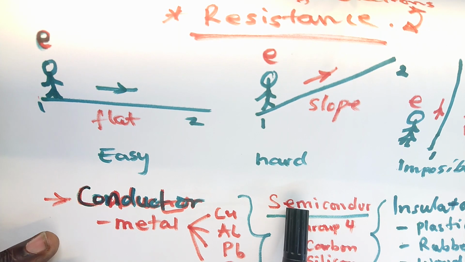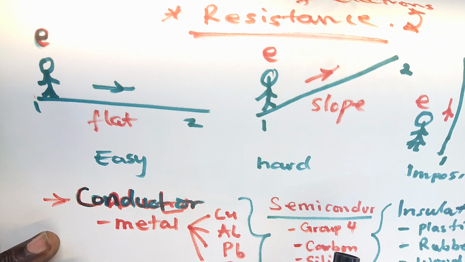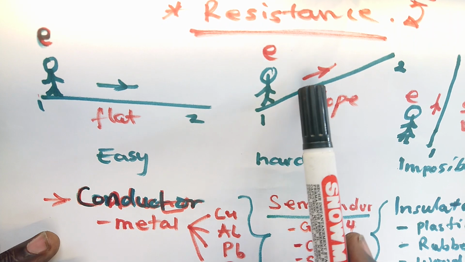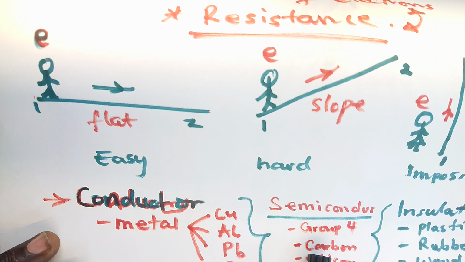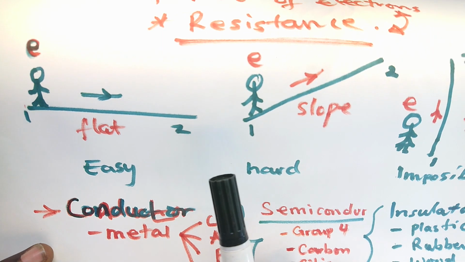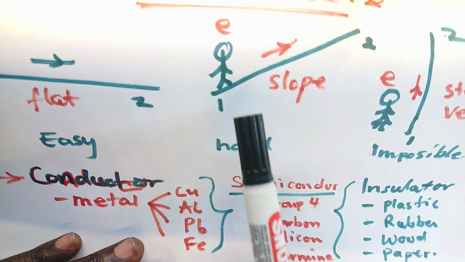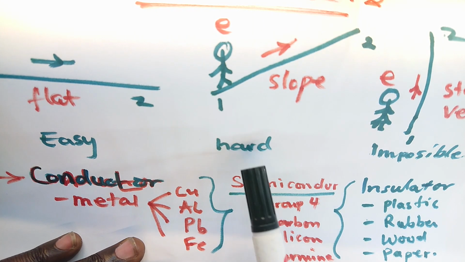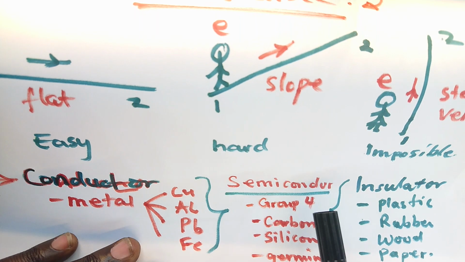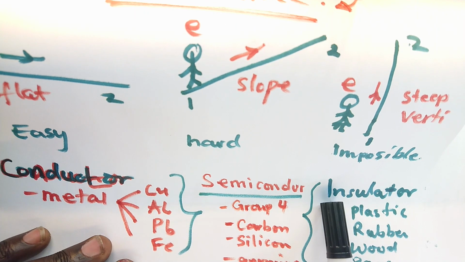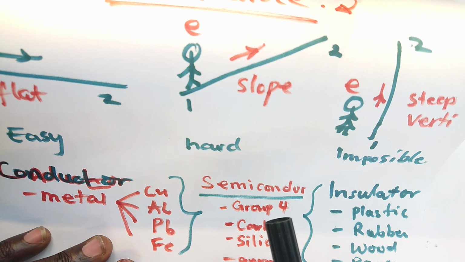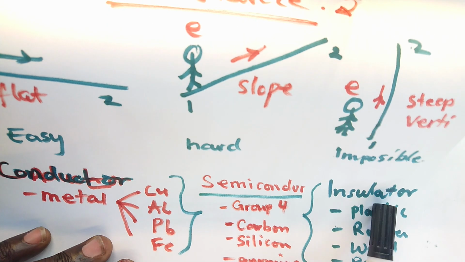A semiconductor has a relatively higher resistance than a conductor because it makes it a little harder for electrons to flow through it. Its resistance to the flow of electrons is slightly higher than that of a conductor. However, it is not as effective as insulators at stopping or opposing the flow of electrons.